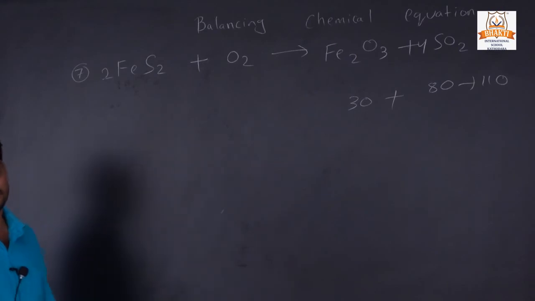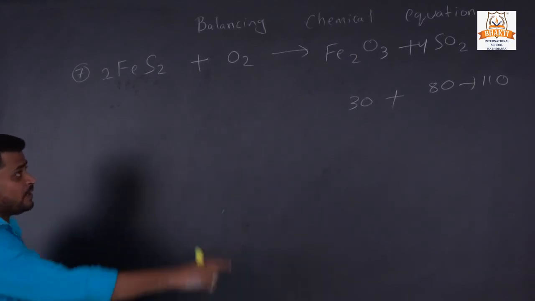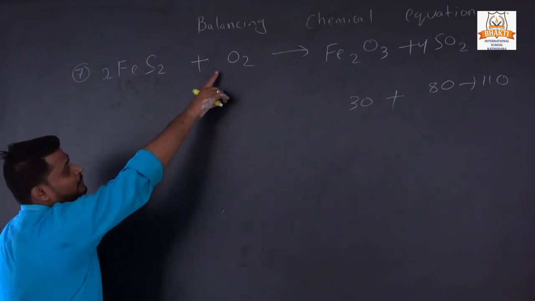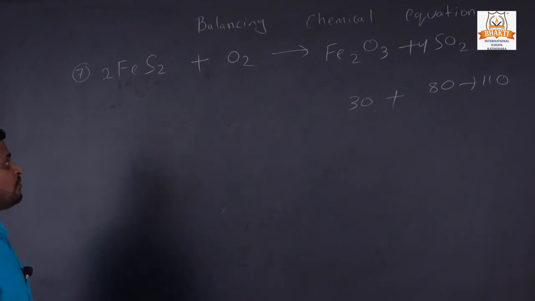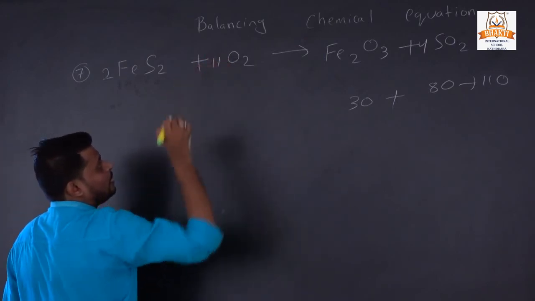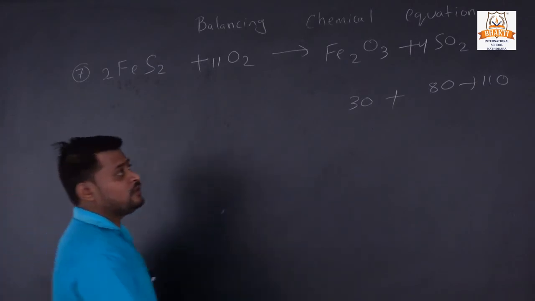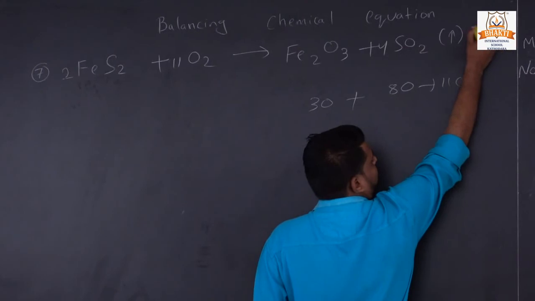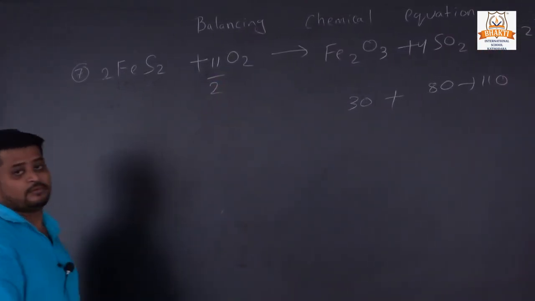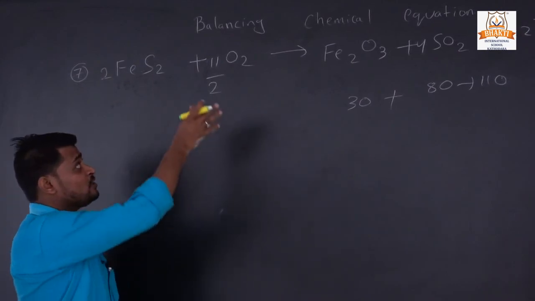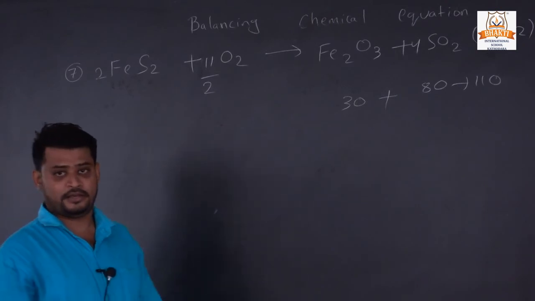So we will use the same method that we used in example number 6. There is 11. If we multiply any number with 2, it doesn't give us 11 oxygen. So we multiply here by 11 and we will multiply the whole equation by 2 and divide by 2. We do this in math, but we can also apply it to balance the chemical equation.